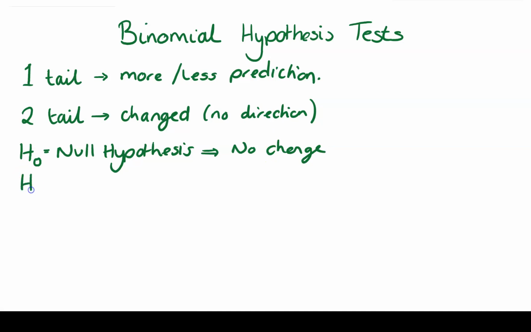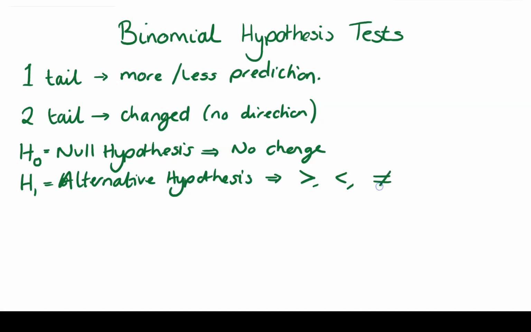And then H1 is the alternative hypothesis, or alternate, doesn't really matter. This is where you put your prediction, so there is going to be a change. It could be more than, less than, or not equal to. So these two are the one tail, and this is a two tail statement.